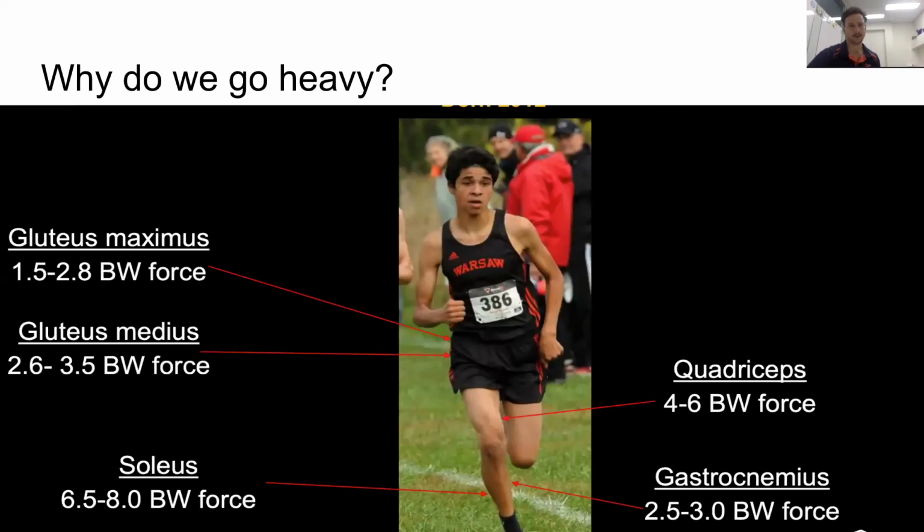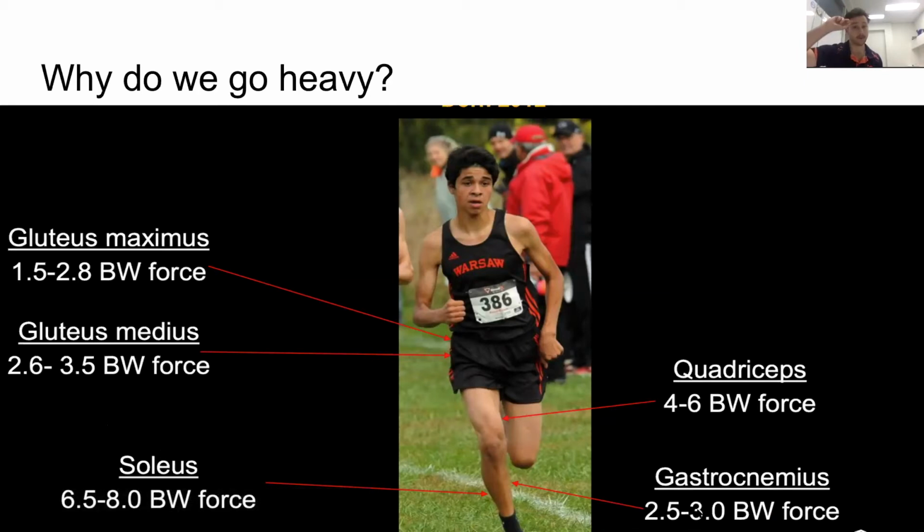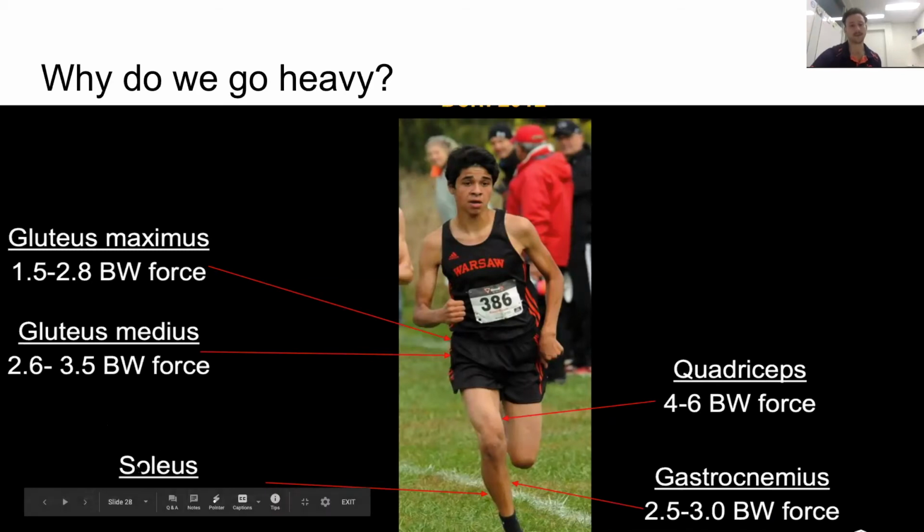So why are we talking about heavy, slow resistance training? Why do we go heavy? This is what I was just talking about before. Looking at our calf muscles, our gastroc takes 2.5 to 3 times body weight, and the soleus takes 6.5 to 8 times body weight through each step.